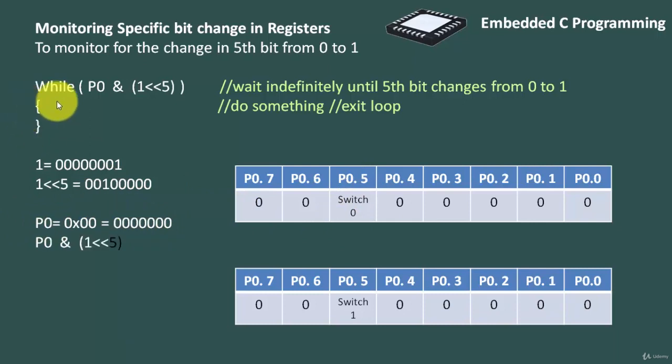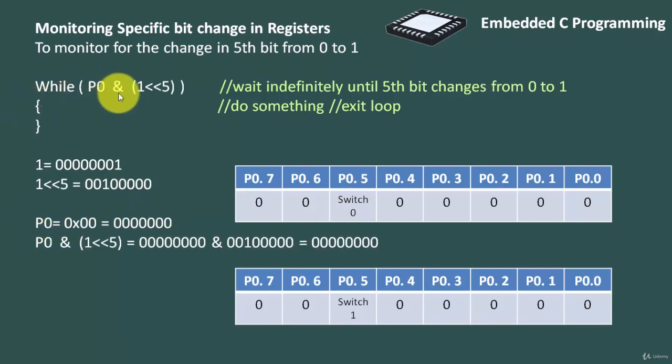In that case P0 AND with 1 left shifted by 5 will result in value 0, because port P0 is 0 and AND with this value results in 0. Since this expression evaluated as 0, that will be treated as false. While false, the loop will not get executed.